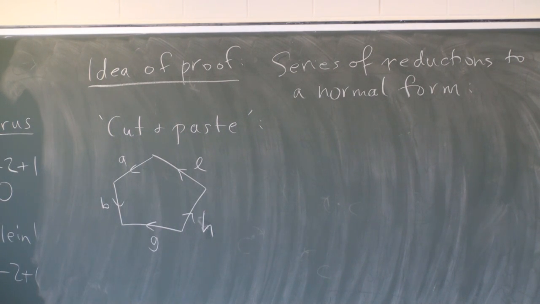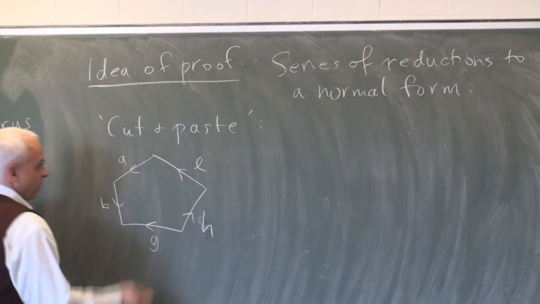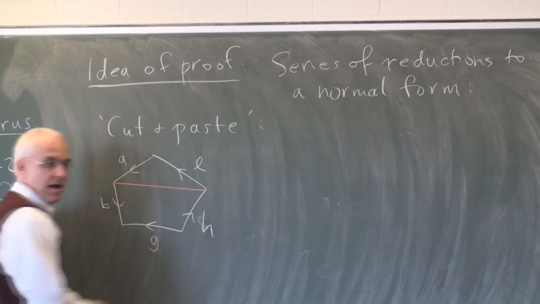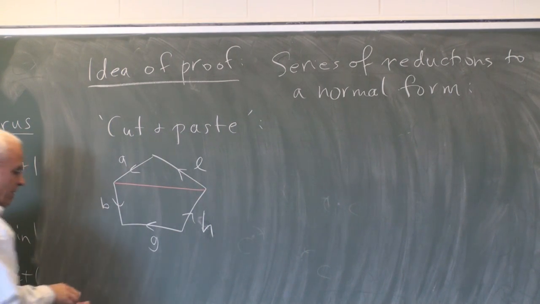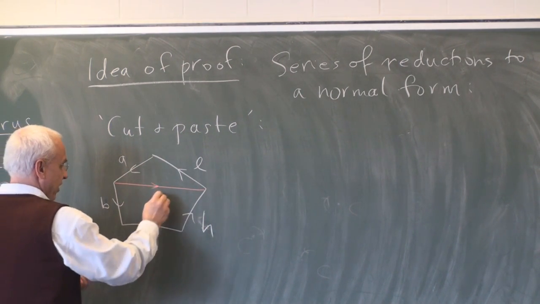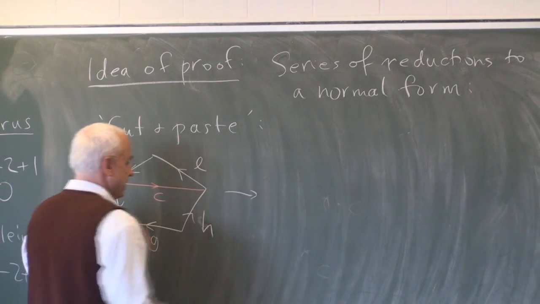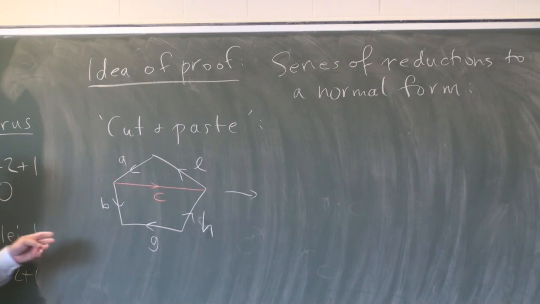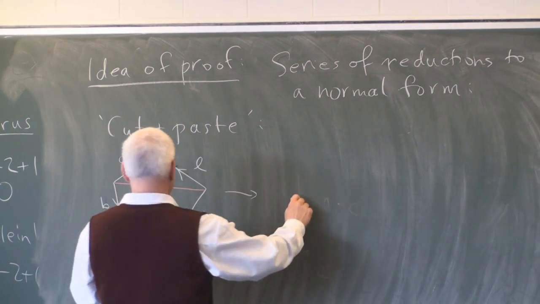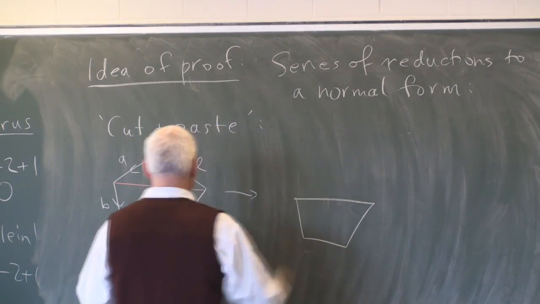Then we're going to allow ourselves to replace this by making a cut. We're going to label that cut with something, let's say C. And then we're going to replace that original polygon with two new polygons, just what we get by making that cut.